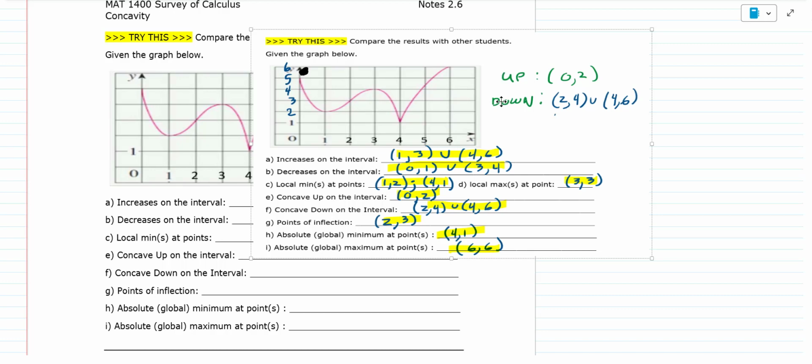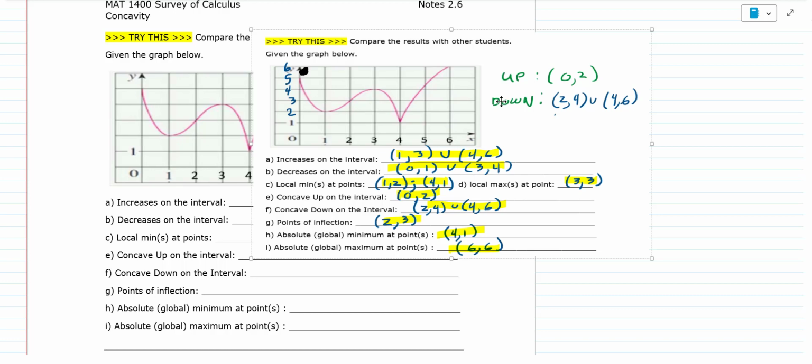Okay, an inflection point is where the concavity changed. So the only place the concavity changed was here. Because see, you're concave up on 0 to 2, you got that interval right, and then concave down from 2 to 4. That would be where the concavity changed. And remember what I said: if you draw a tangent line at an inflection point, part of the tangent line will be above the graph, part of it will be below.